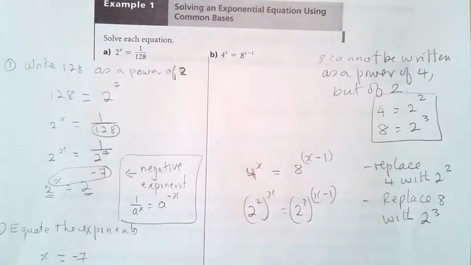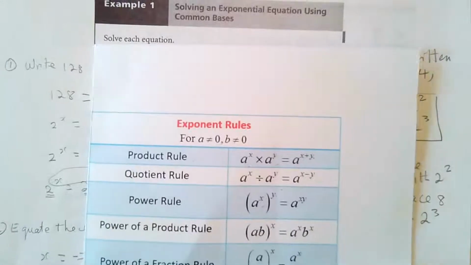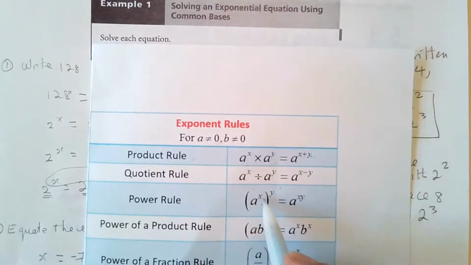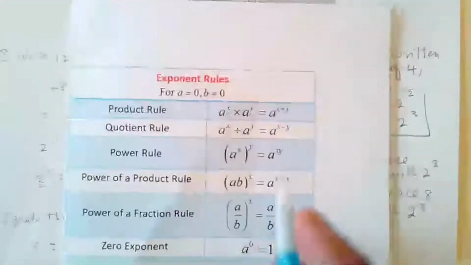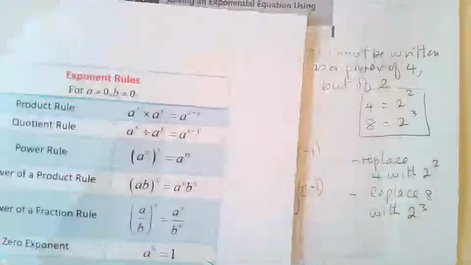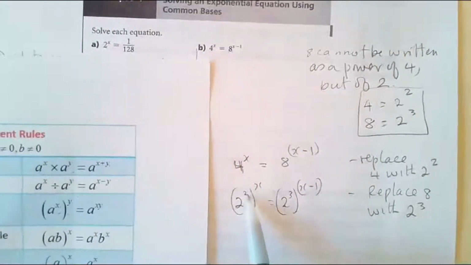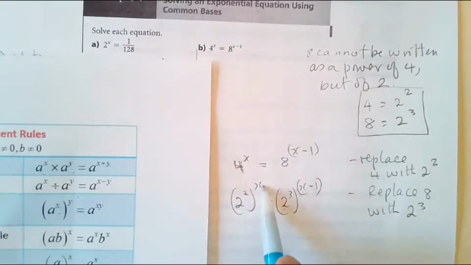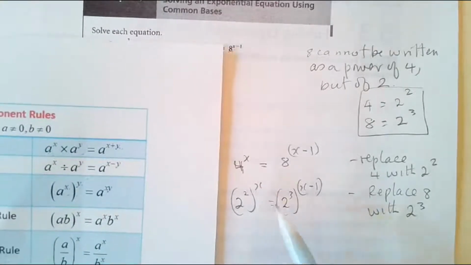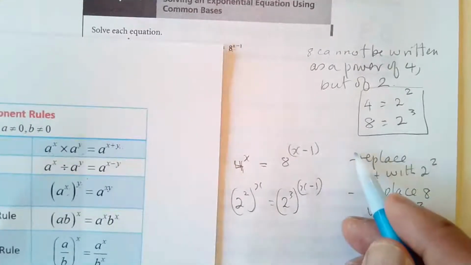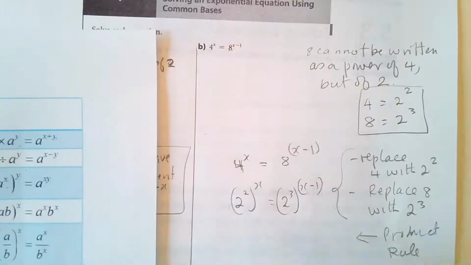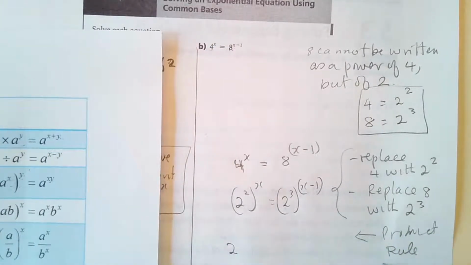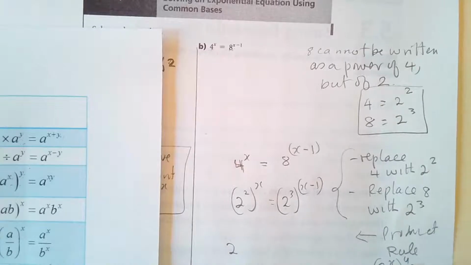Now, here we're going to use our exponent or power rule. If you have a to the x, all to the power y, we multiply them. So we have here 2 to the 2x, we multiply these two. I'm following the product rule: a to the x, to the y, is equal to a to the xy.